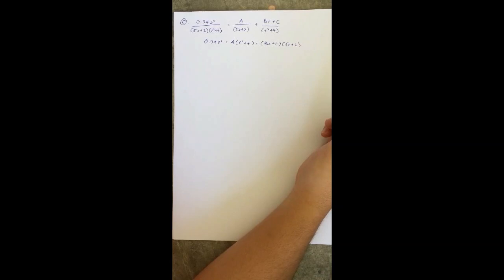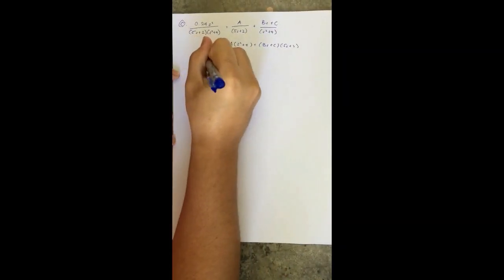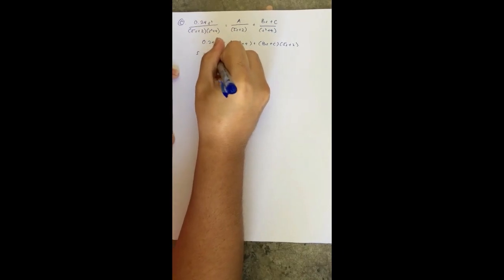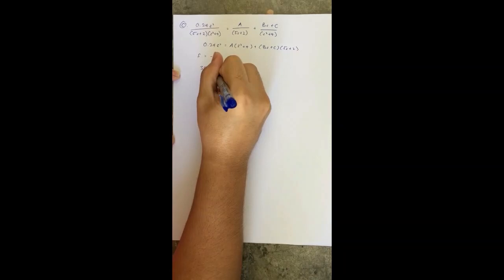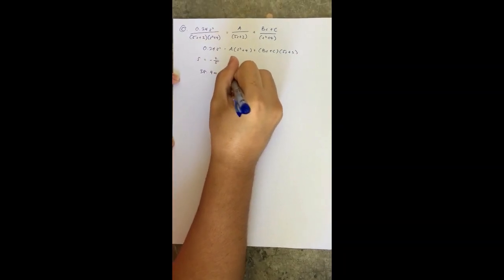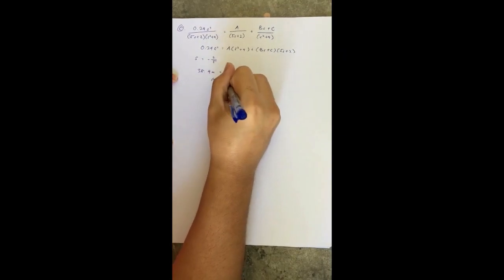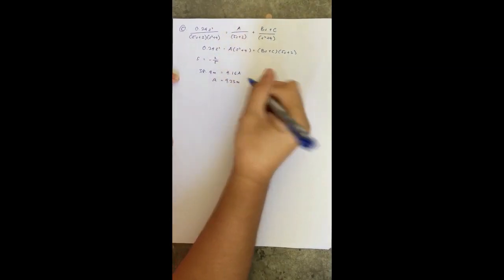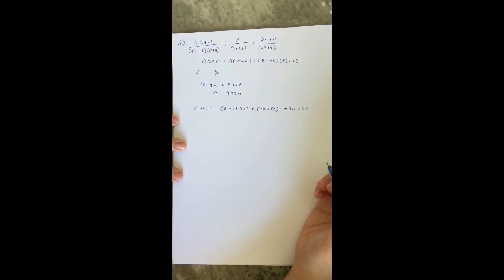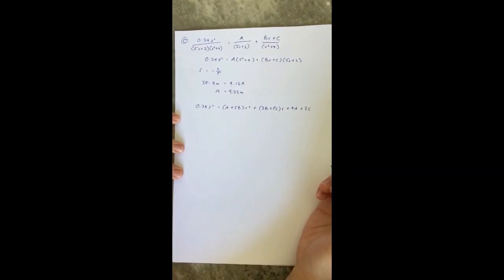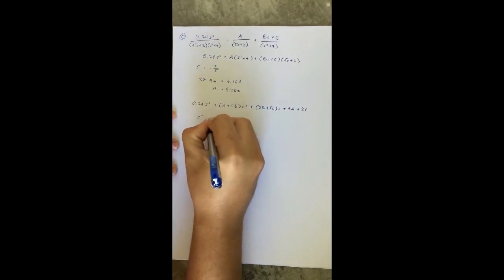As for part C of I4, first you need to assume S equal to negative 2 over 5. Hence, we get the answer for A equal to 9.23 milli. After that, we use the coefficient method so that we can find the value of B and C. First, we use the variable of S2.